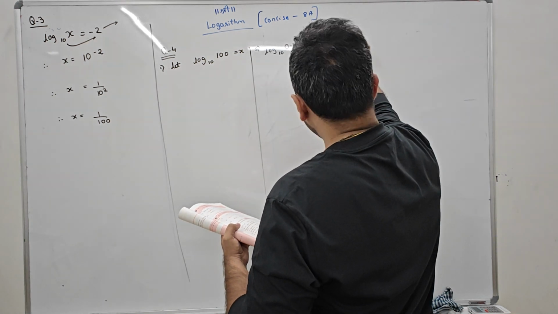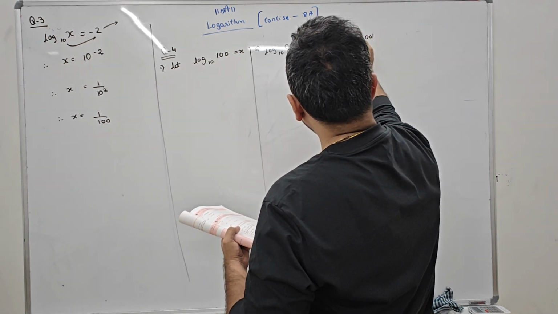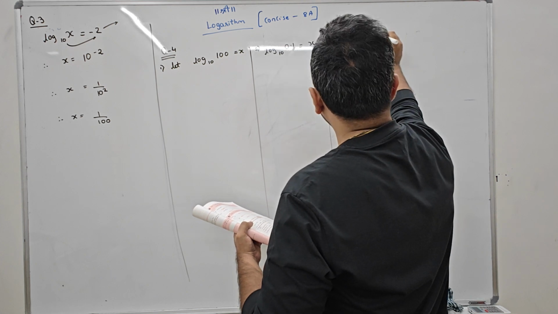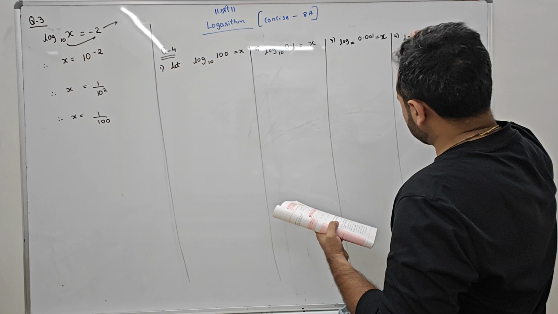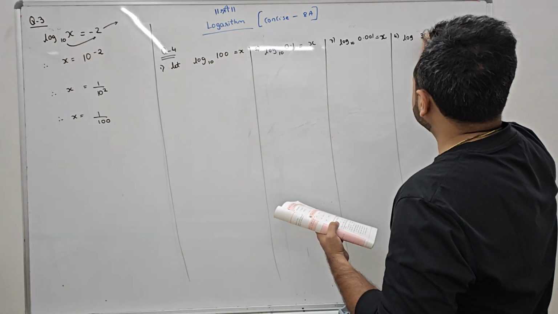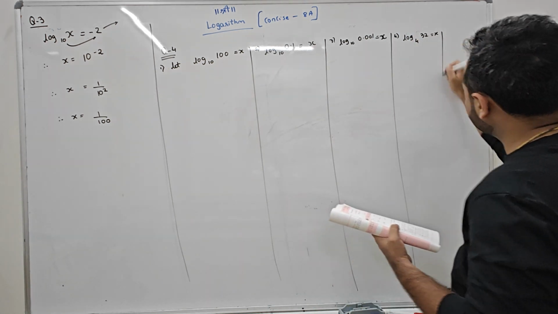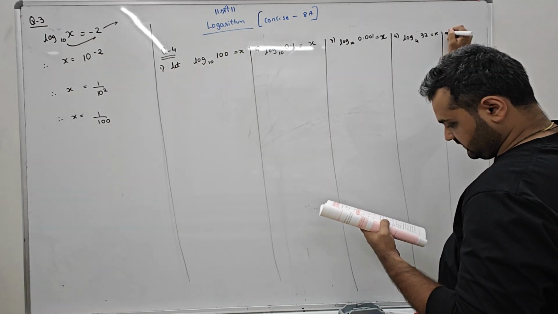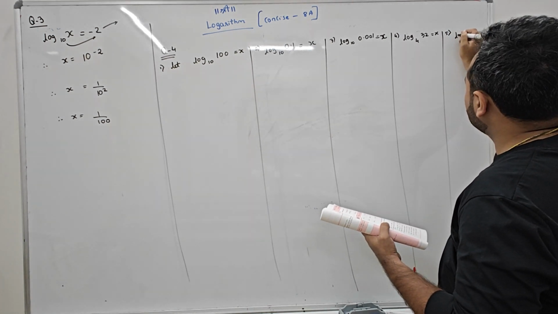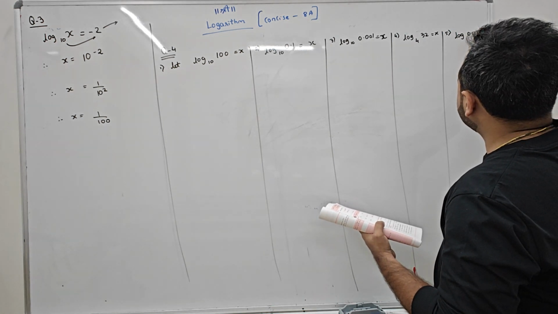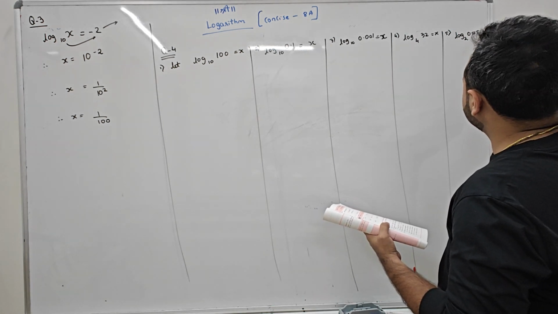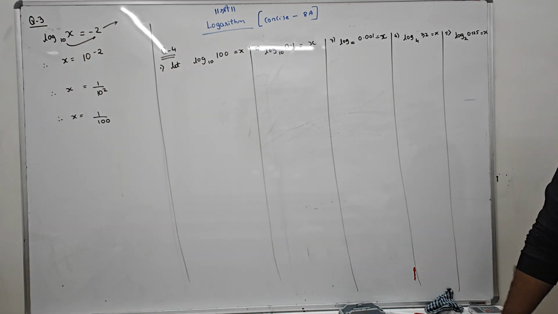Let log of 0.001 to the base 10 be x. We will find the value of log of 32 to the base 4 be x. Fifth one, log of 0.125 to the base 2 be x. Okay, let us try to solve these five questions first.